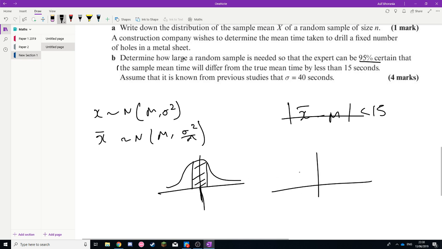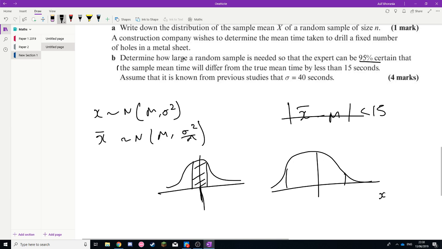Cool, that makes sense now. Let me just draw it bigger. So this area, I need to find. This is plus minus 15. One sec. I'm trying to understand this myself. So this is time.